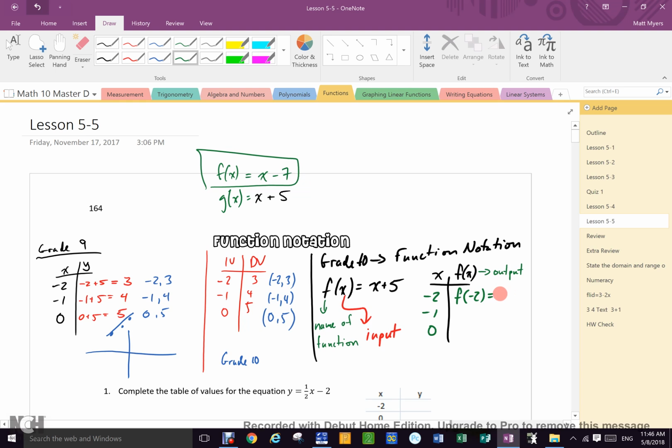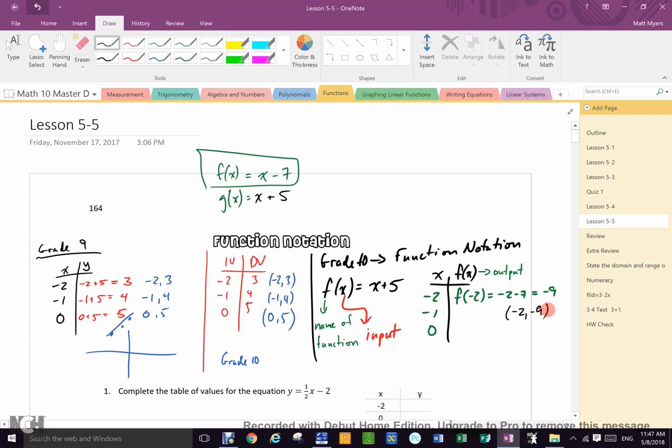What would I write here? Negative 2 minus 7, which would give me negative 9. And that would give me an ordered pair of what? What would the point on the graph be? Negative 2, negative 9. Does everyone understand?